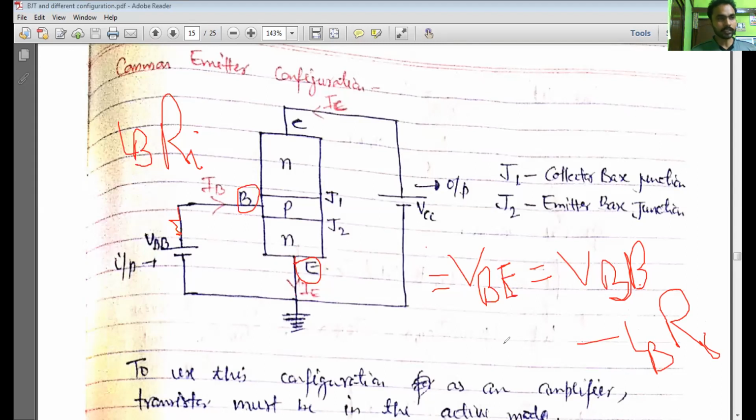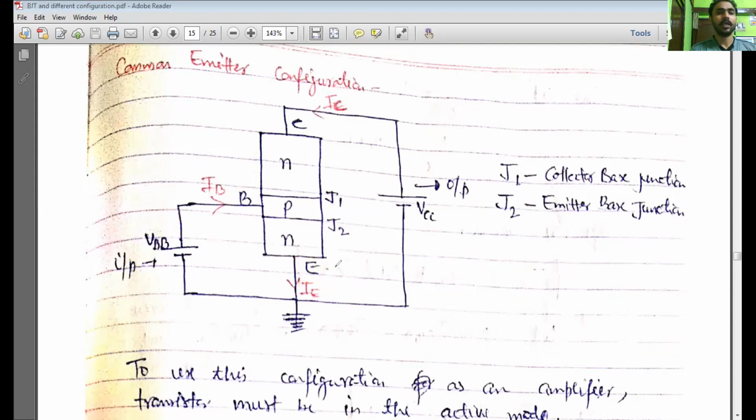If there is no resistance, then again VBB will be similar to VBE. Because if you go to the basics, VBE is the voltage drop across the base and emitter terminals. You apply Kirchhoff's voltage law, and whatever the voltage drop between these two, it will be given to you. I've explained this in the last class already, just to revise the same thing again.